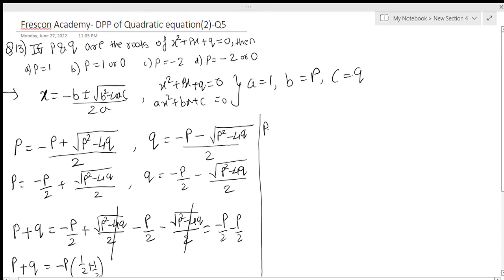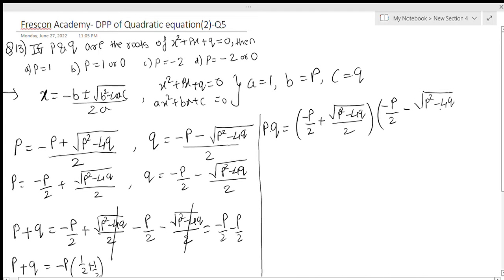So p into q is equal to minus p by 2 plus under root p square minus 4q whole upon 2, whole into minus p by 2 minus under root p square minus 4q upon 2.